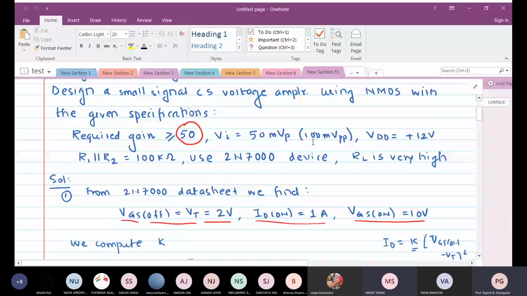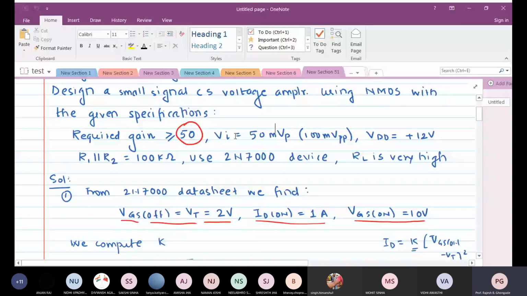Okay, so we'll continue with the design. We have just a recap for those who have missed the lecture or have not revised it properly. We are supposed to design a small signal common source voltage amplifier using NMOS with the given specifications. The required gain should be greater than or equal to 50.